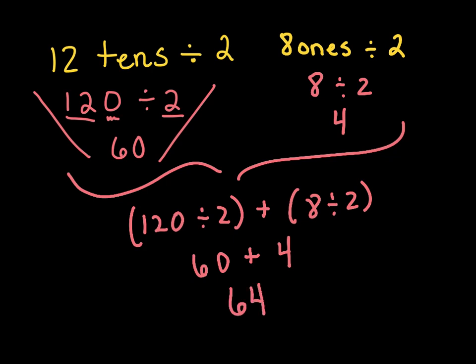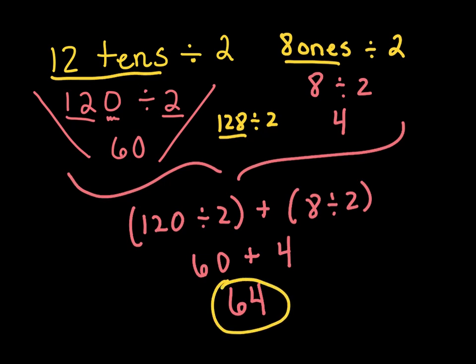So what was our original problem would be 128 divided by 2, because 12 tens plus 8 ones is 128, divided by 2 is going to give us a quotient of 64.